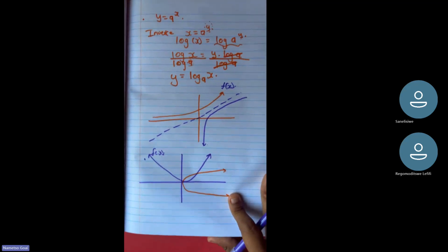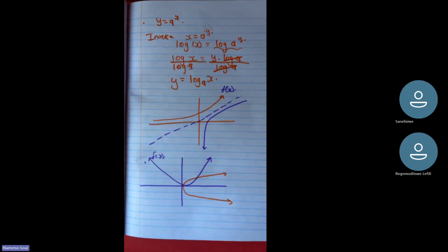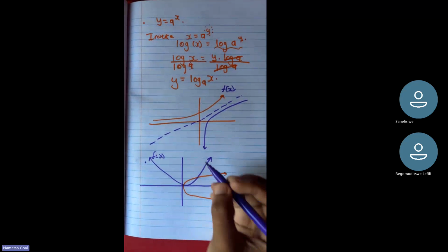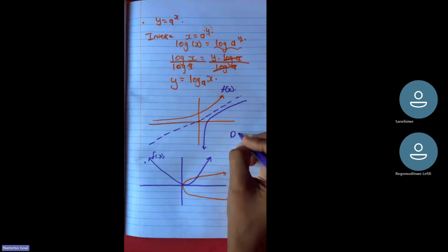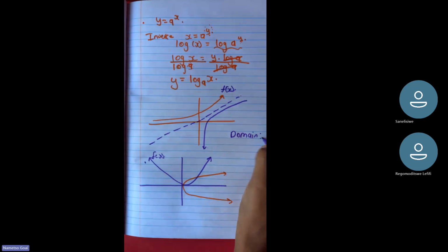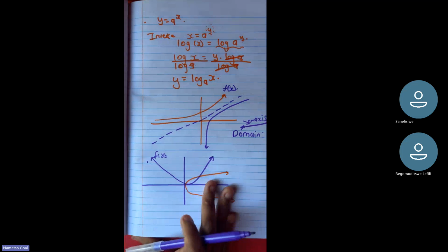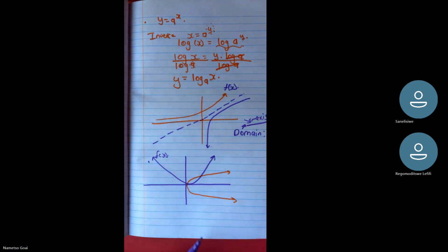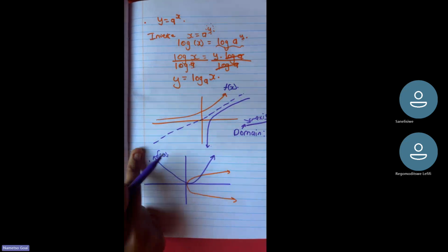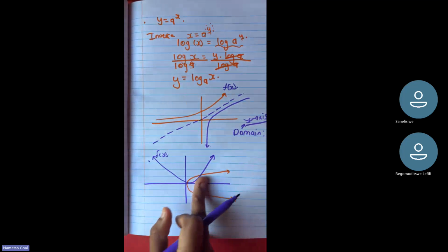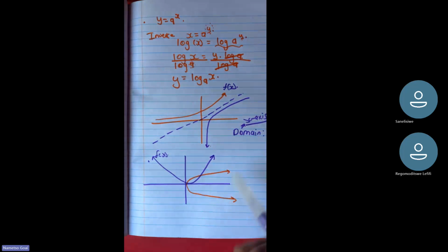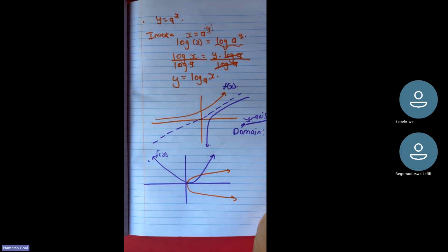Now let's look at the original, the actual f of x, the one that goes this way. Let's look at the domain. Remember, when we speak of the domain, we're talking about the x-axis. The original f of x comes from negative infinity on the x-axis going all the way to positive infinity.